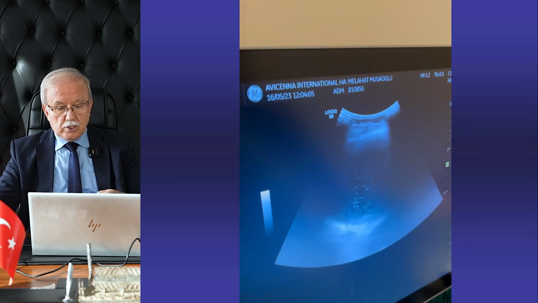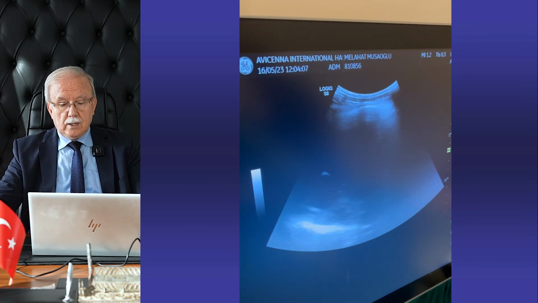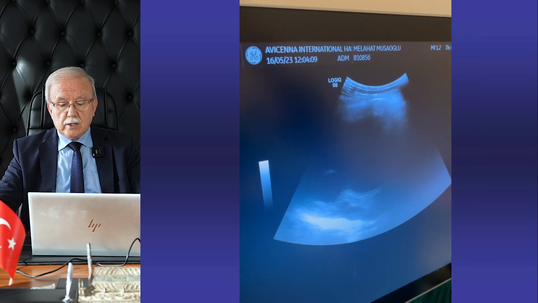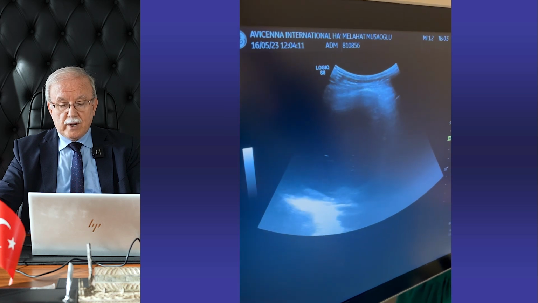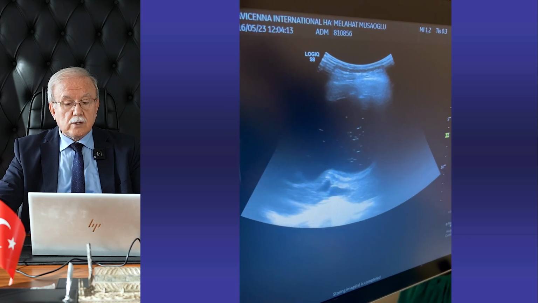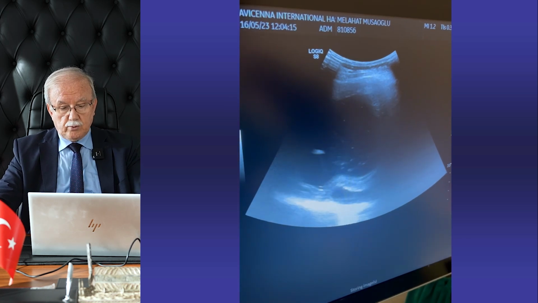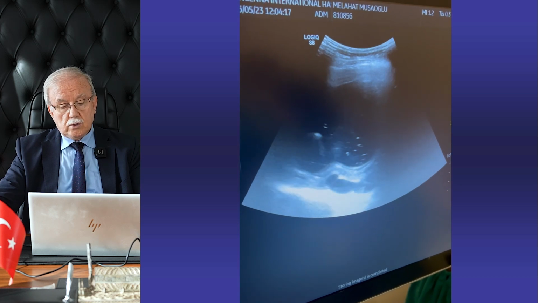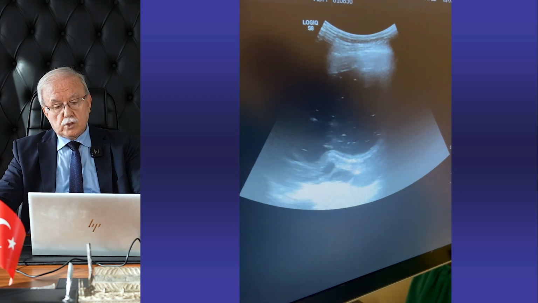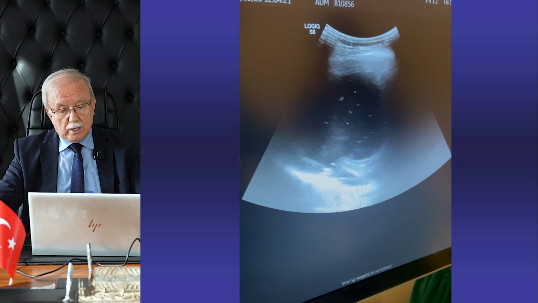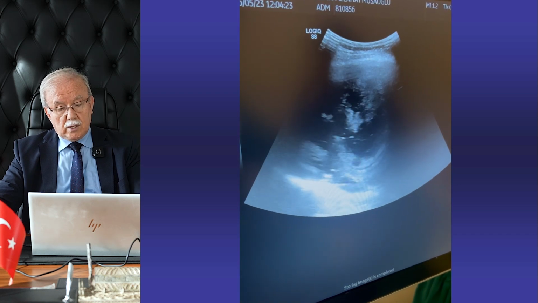We puncture the cyst. According to the diameter of the cyst, we aspirate only a small amount of the juice, not wholly. This is very important, because if you aspirate wholly, then a fistula will occur.